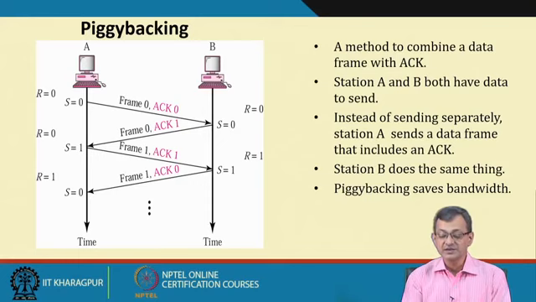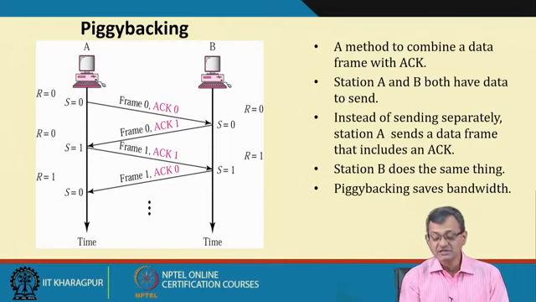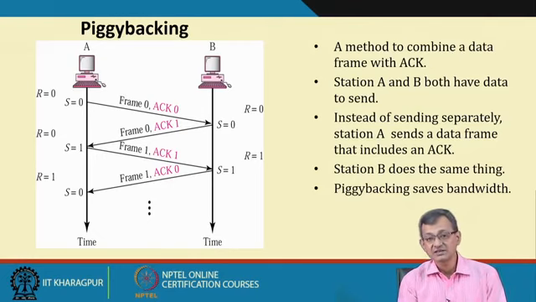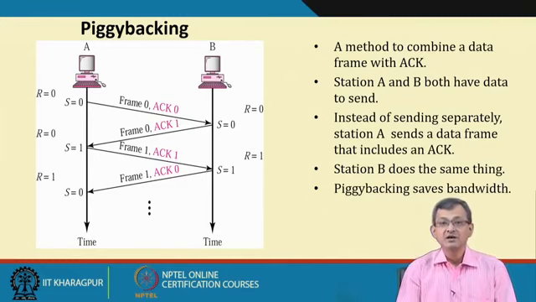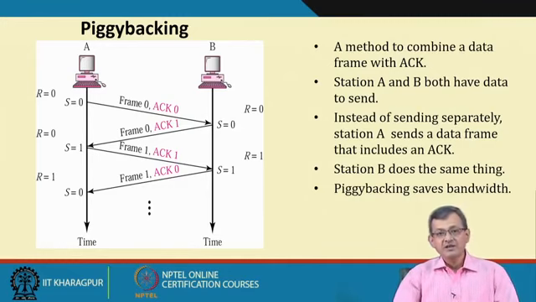Instead of sending separately, station A sends a data frame that includes an acknowledgement, and station B does the same thing. Piggybacking saves bandwidth, because otherwise the acknowledgement frame would need another channel, and however small it may be, it requires some bandwidth to transmit. So it is piggybacked on the data sent across A and B.